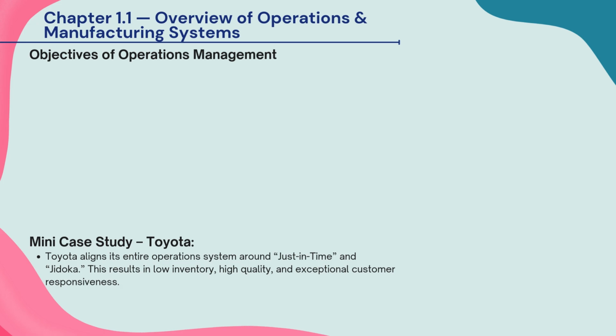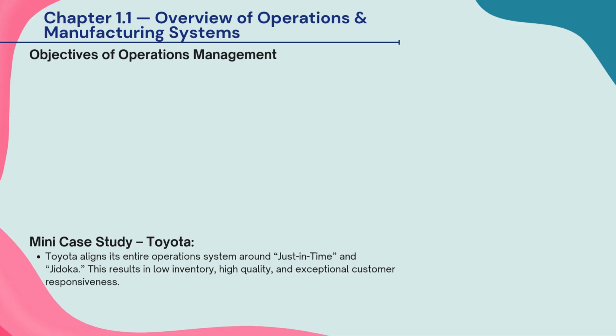The objectives of operations management focus on producing goods and services at the lowest possible cost, meeting quality specifications consistently, delivering with speed and reliability, adapting quickly to changes in product mix or volume, and ensuring dependable performance against commitments.